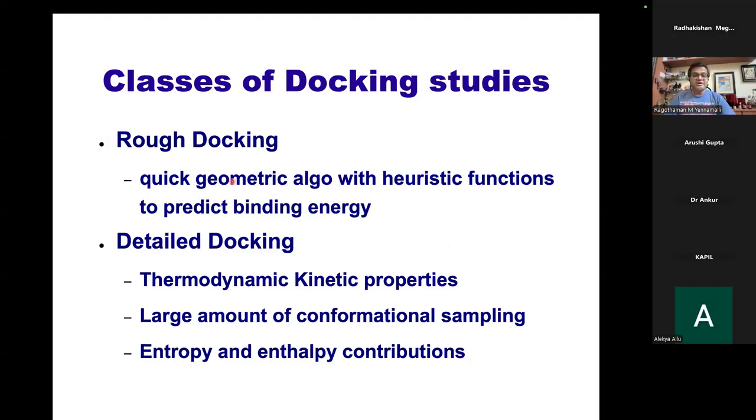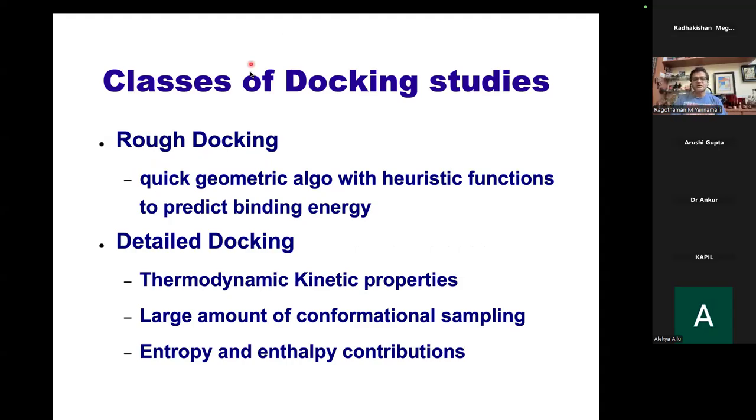Depending on how many molecules there are and how much time is taken, you can have rough docking or detailed docking. Rough docking is where you take the molecules and quickly see if they can undergo a conformational change and bind or not.